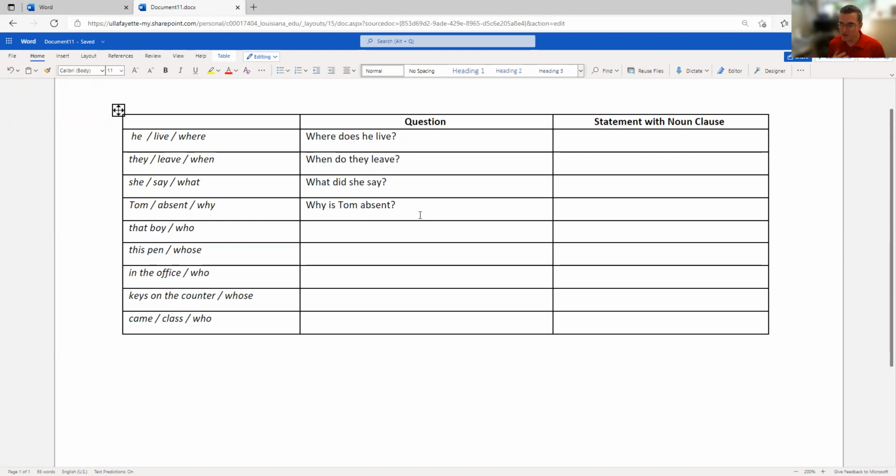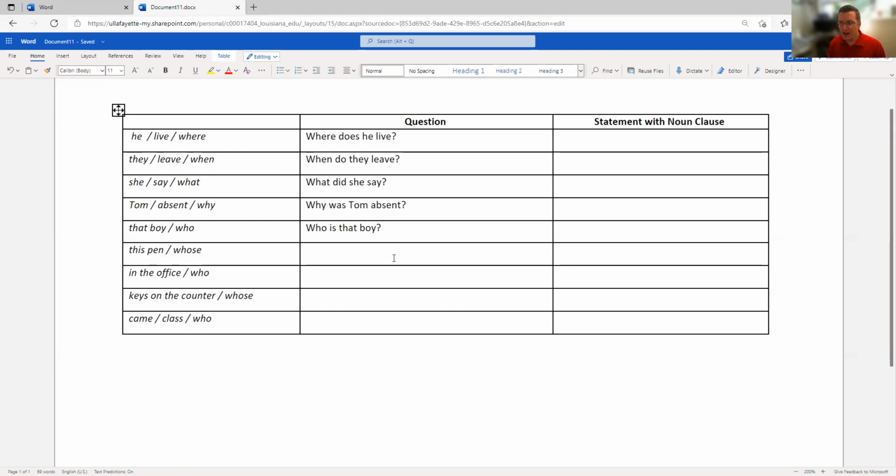If I'm talking about yesterday, I can say, why was Tom absent? But that to be verb comes first, just like the helping verb. That boy, who is that boy? Or who was that boy?